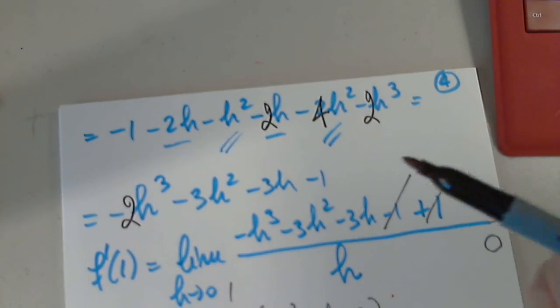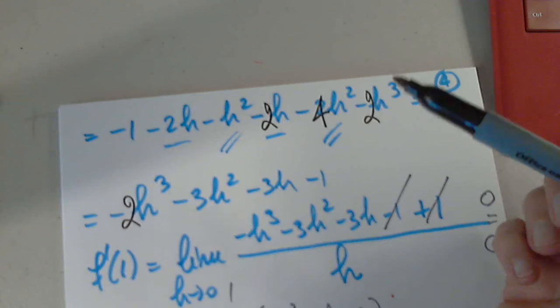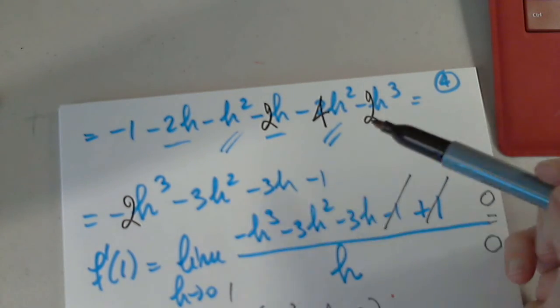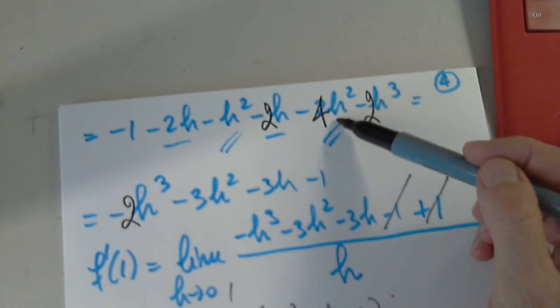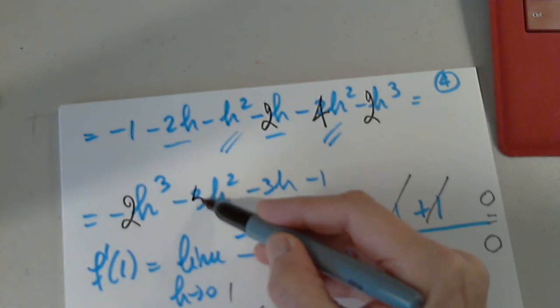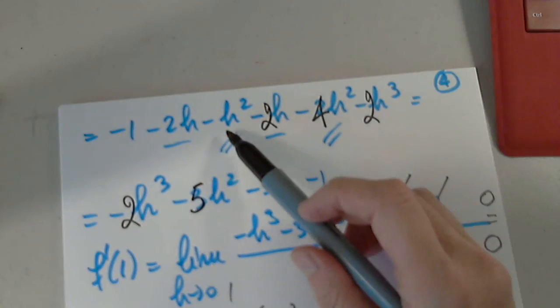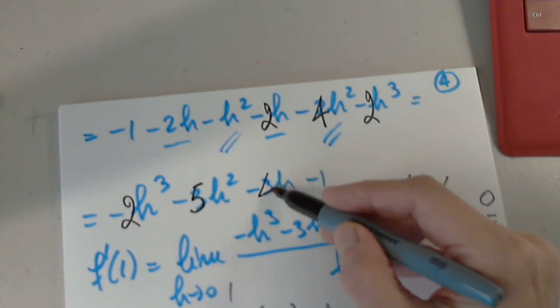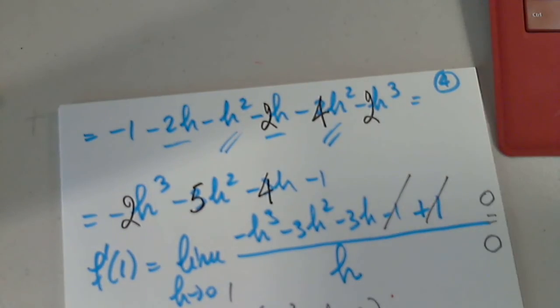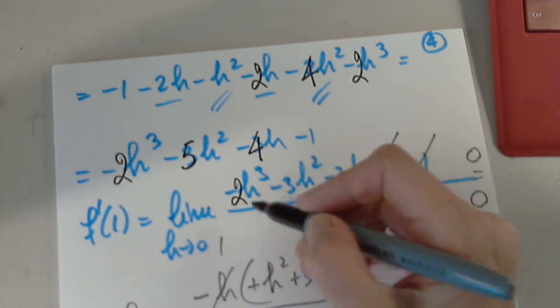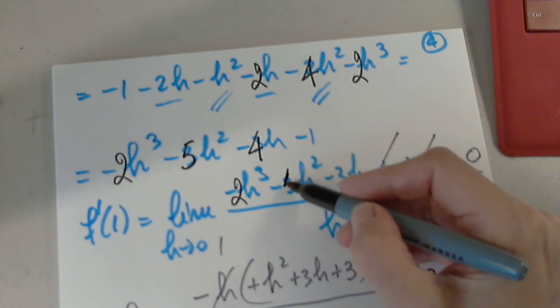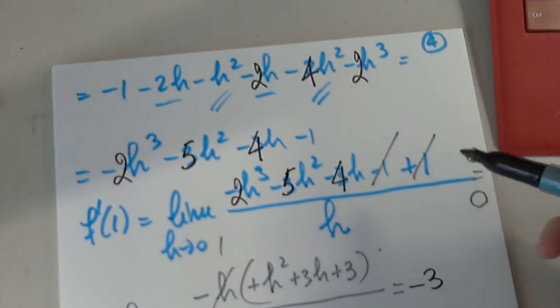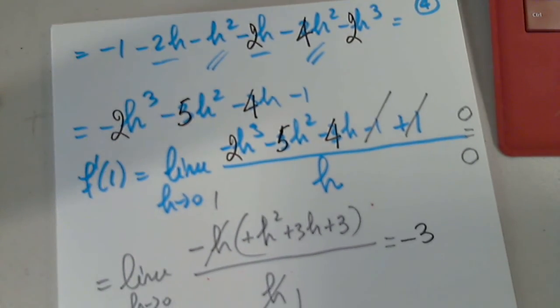That's how I was checking myself, and I said, oops, there must be something I did. So negative 2x cubed, indeed, that's correct. Now negative 5h squared, and negative 4x, and minus 1. Sorry about that. 5 and 4, minus 1 plus 1, that's correct.